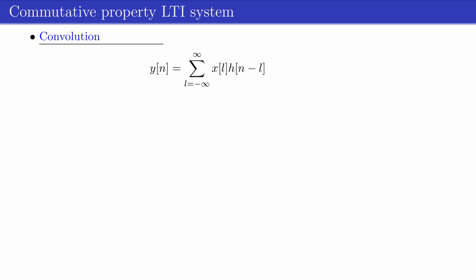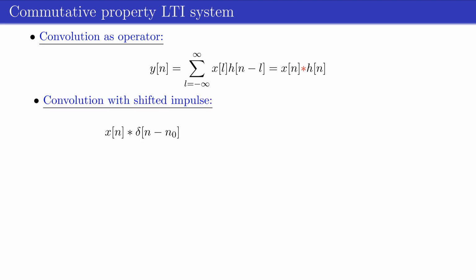Usually, the mathematical convolution sum procedure is described by an operator, which is symbolically denoted by a star. As an example, we can describe the convolution sum of a signal x[n] with a delayed delta pulse over n0 samples with the convolution operator as depicted in the given equation.